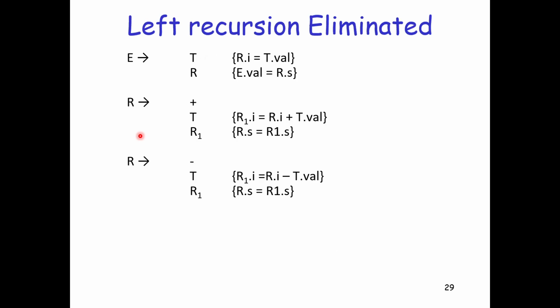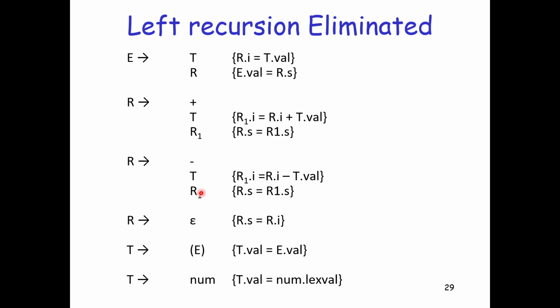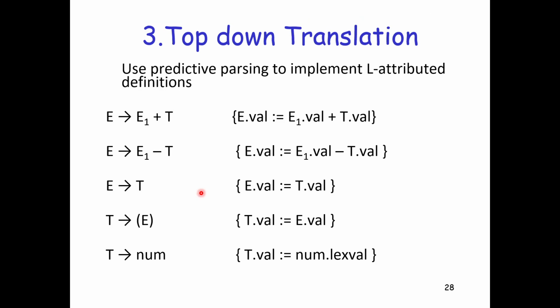E gives TR, R gives plus T R1, R gives minus T R1, R gives epsilon, and the rest of the productions are similar to the given ones. Let us examine.